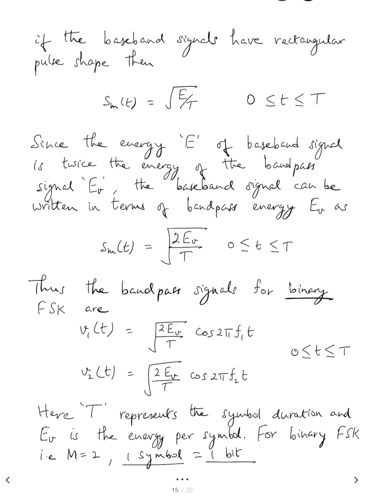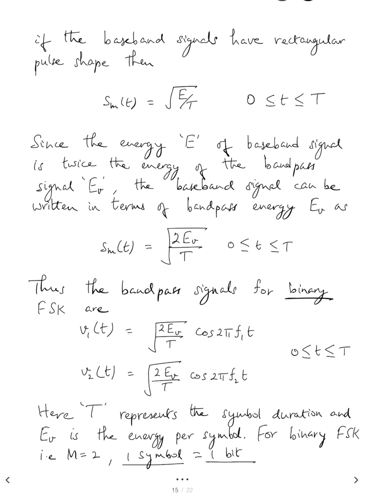Now the thing that you need to note here is that the time interval represents the total symbol time, and in the case of binary, one symbol is equal to 1 bit. So the time duration that you have here is basically the bit duration, because for the binary case one symbol is 1 bit, one pulse is 1 bit.